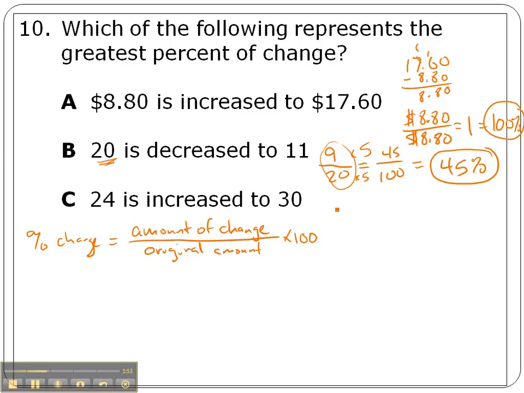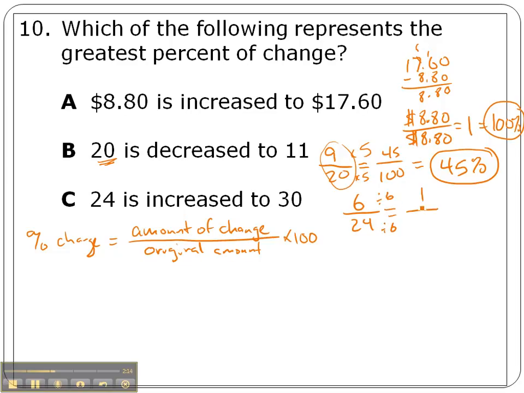Okay, C, 24 is increased to 30, so the amount of change is 6, divided by the original amount, 24. I think the best way to do this would be to first simplify this fraction by dividing by 6.